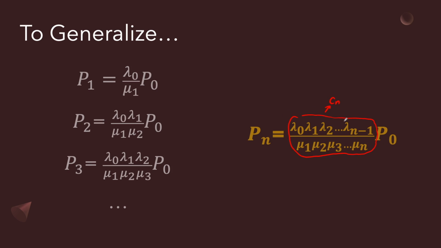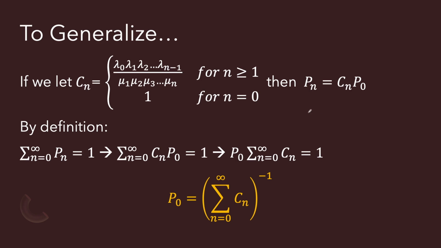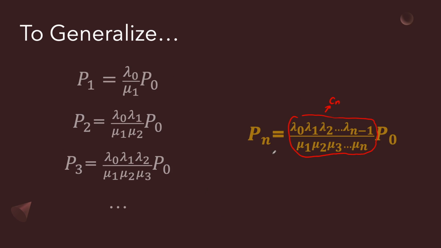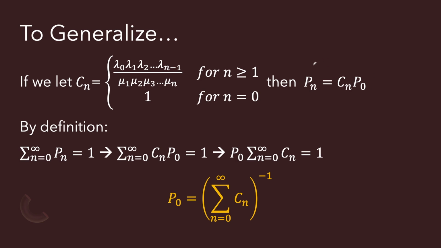Now, because I've defined this to be C sub n, and this is C sub n only if n is greater than or equal to 1, then I can substitute this with C sub n in this formula to give us P sub n equals C sub n P sub 0.